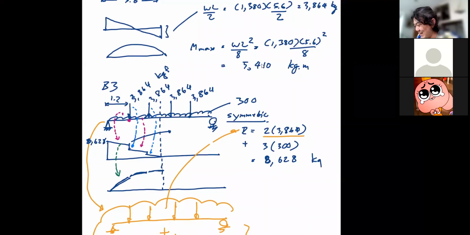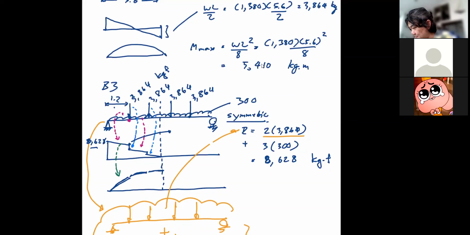So the unit here is kilogram force. Okay. So it's 8628, and then at this location, this number would come down by the amount of 1.2 multiplied by 300, right?